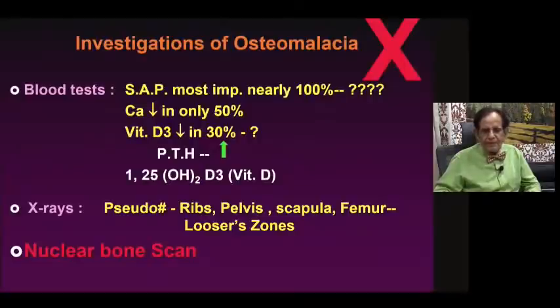And you might have to do a nuclear bone scan to see the hot areas. In the blood test, vitamin D is costly, PTH is raised, very costly, vitamin D proper instead of D3 you might have to do. But if you want to do one test, I would advise you to do serum alkaline phosphatase, just one test. Serum alkaline phosphatase is markedly raised in osteomalacia.